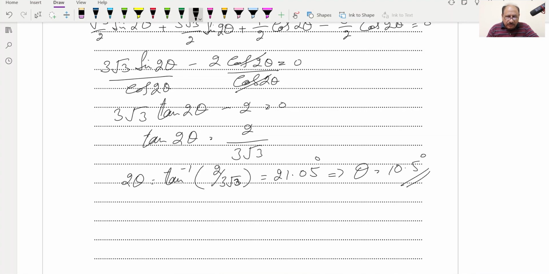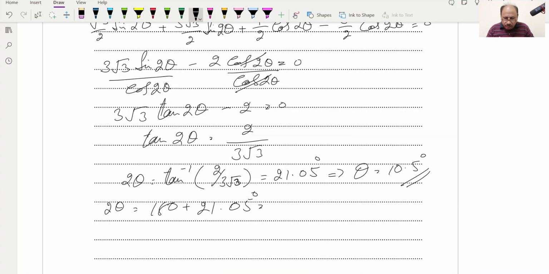Now we can find the other 2 theta. Tan is repeating after 180, so for 2 theta we can write 180 plus 21.05 degrees.